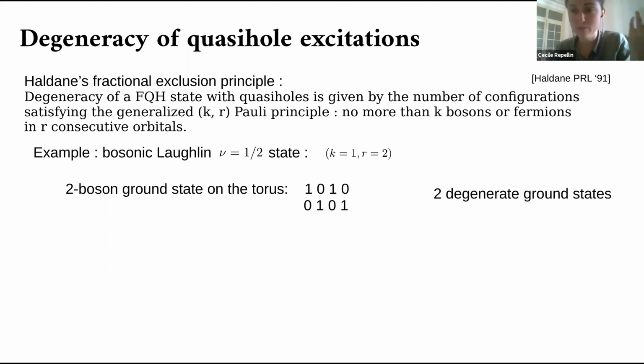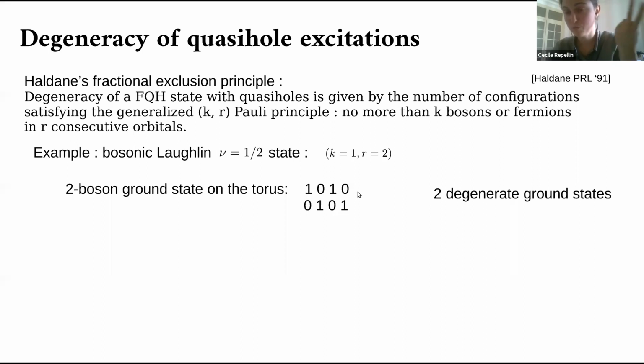So here, orbitals are single particle states. They are Landau orbitals. It doesn't really matter. It's just a counting principle, so it doesn't really matter which basis you're using. So let's start with the ground states. If you want to write down the 2 boson ground state on the torus and you follow this rule, you will be able to write down 2 configurations, because you have a filling fraction 1/2.